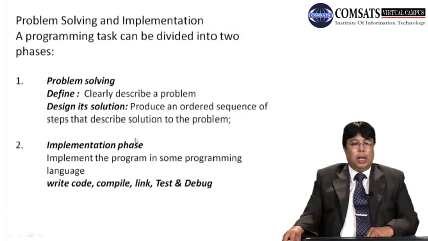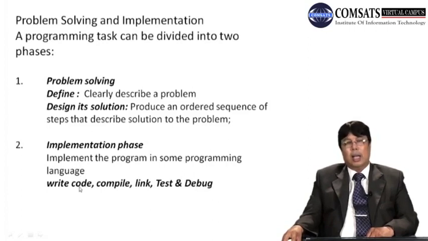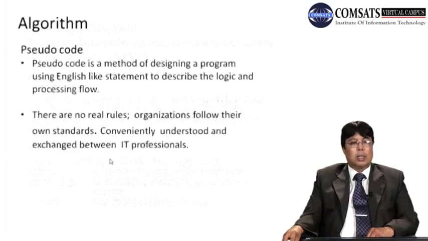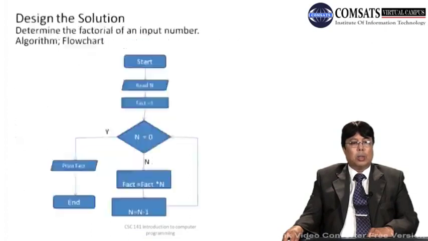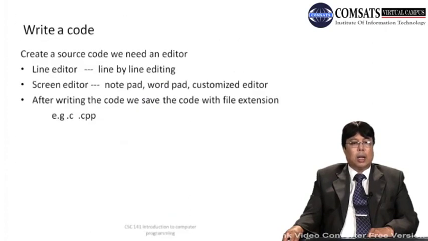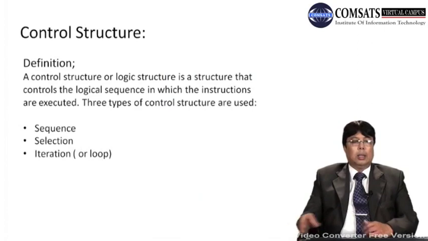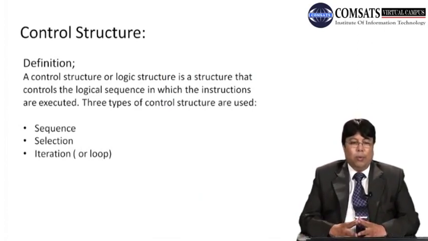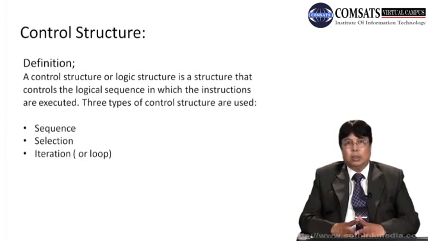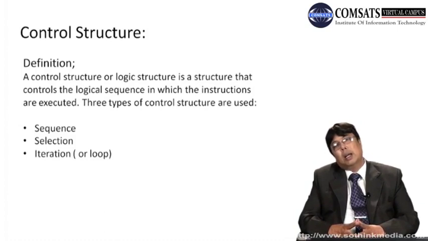Before I start with the implementation phase and discuss write, compile, link, test, debug, I would like to discuss control structure. थोड़ा सा मैंने जिक्र किया था कुछ देर पहले. This is basically the flow, वो फ्लो जिसका कि मैंने जिक्र किया था एल्गोरिदम में भी, वो फ्लो जो कि आपको फ्लो चार्ट में भी नजर आ रहा है.